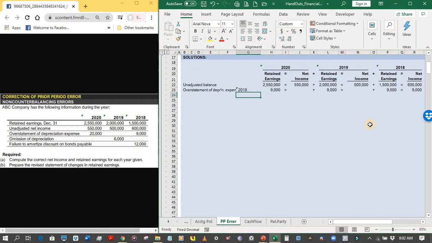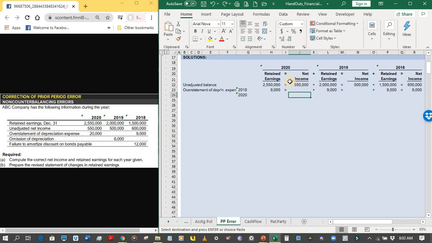So let us proceed now to 2020. In 2020, the depreciation expense is again overstated by 20,000 pesos. And again, the relationship between expense and income is inverse. So if the depreciation expense in 2020 is overstated, the net income of 550,000 in 2020 is understated.